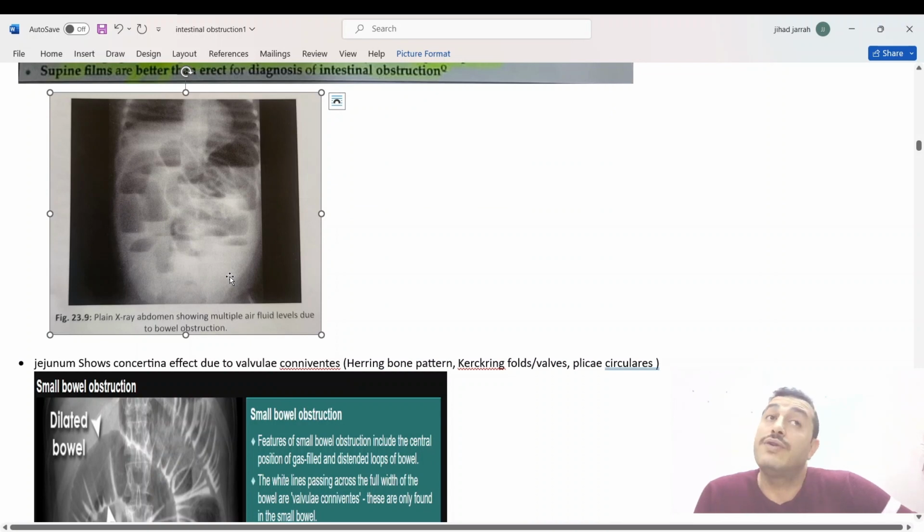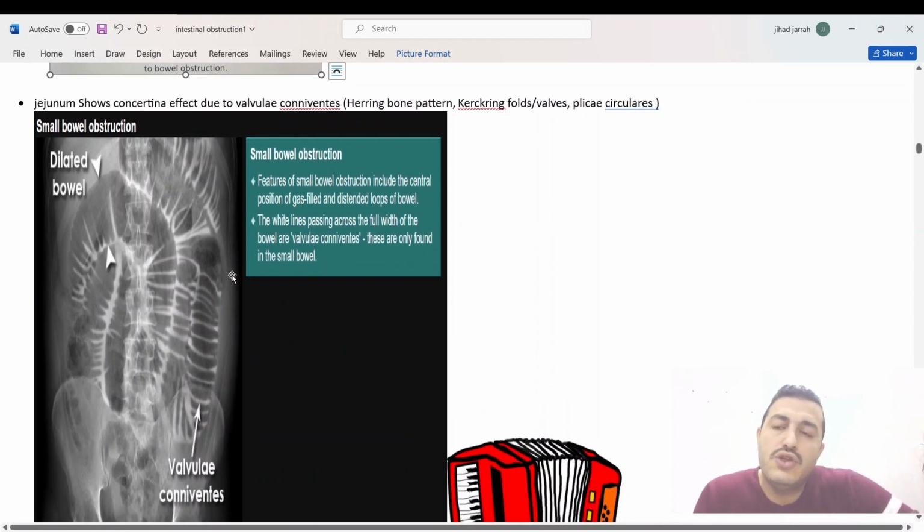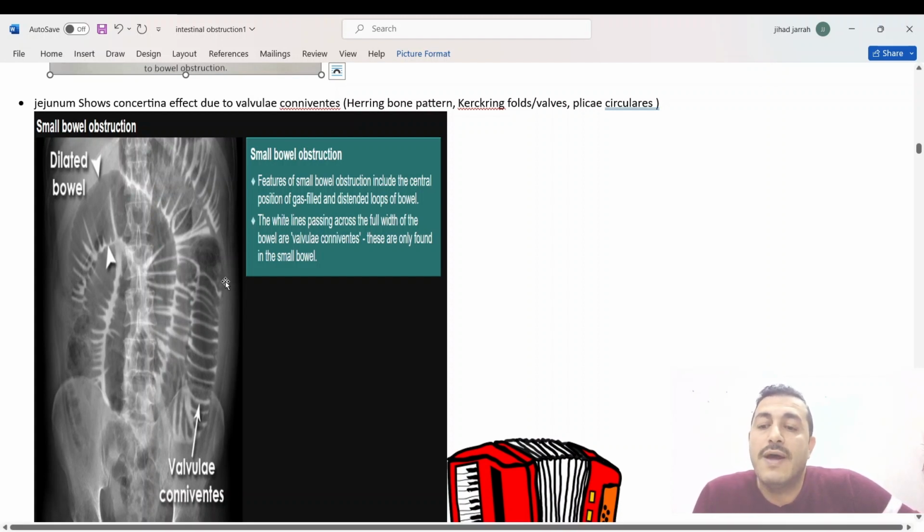We said that the more distal the obstruction, the more likely the air fluid levels. Here is a jejunal obstruction or jejunal dilatation, so we see what we already mentioned at the beginning of the lecture: the plicae circulares, or valvulae conniventes. These structures occupy the whole wall and are normal, but they become more prominent when the jejunum is dilated, called the concertina effect.